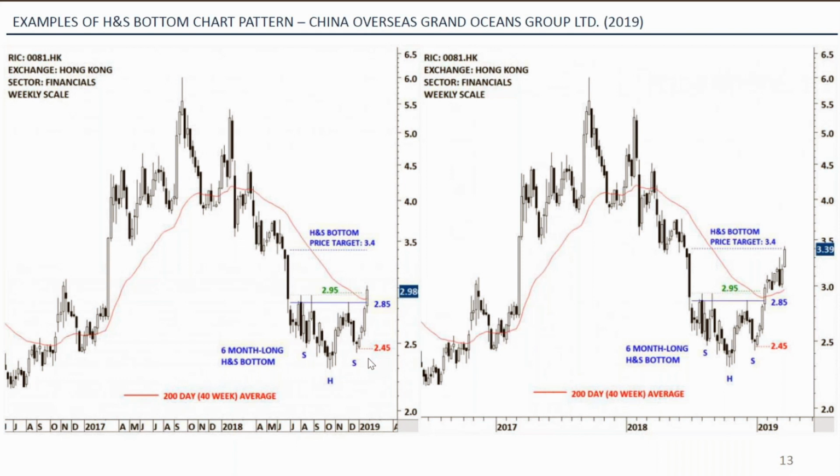As long as we remain above those or below those levels, I continue to view the developing chart pattern as the first identified chart pattern. So here the breakout confirmation, a couple of weeks of sideways consolidation and then reaching the price target.